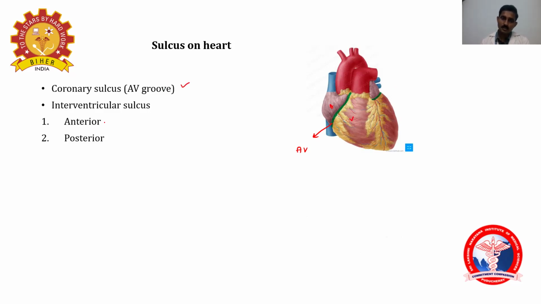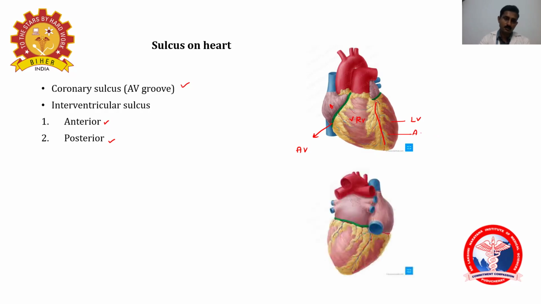What is the interventricular sulcus? We have anterior and posterior parts. Which ventricle is this? The right ventricle. This is the left ventricle. Between the two, there is one sulcus, the interventricular sulcus, which extends posteriorly also. This is the anterior part of the interventricular sulcus, and then we have the posterior part.